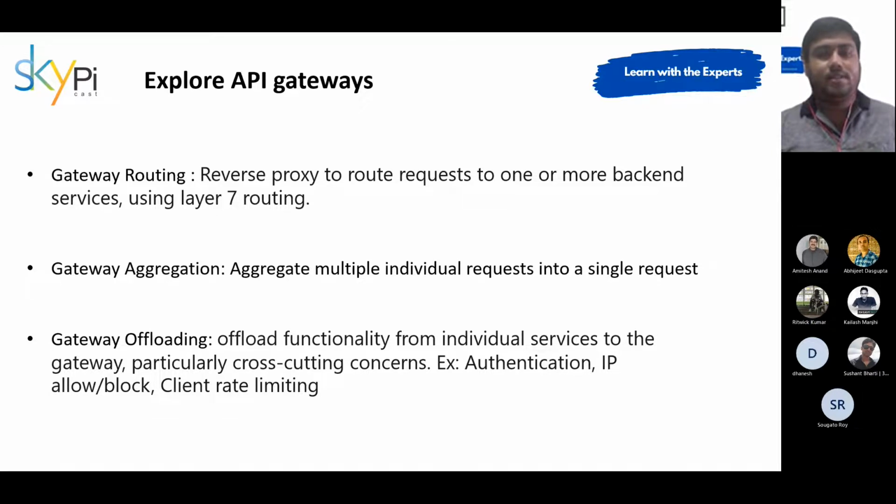So authentication, IP allow and block. We can allow or whitelist the IP to be able to call that endpoint, and also rate limiting. And there are many other offloading policies. We can refer to Microsoft documentation for that.